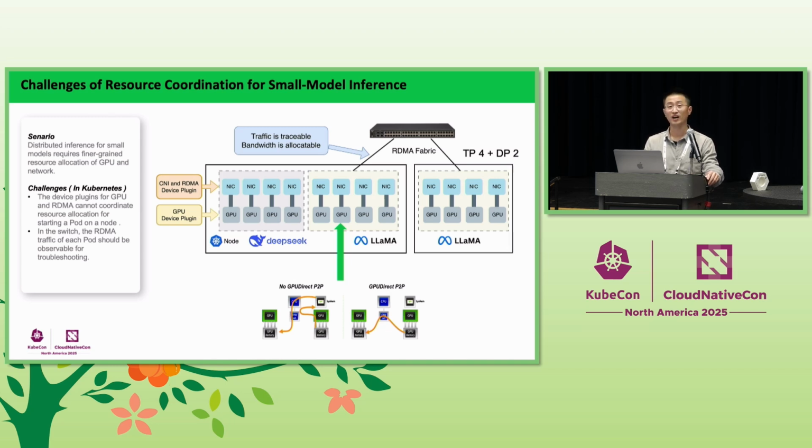Second, we need to assign each pod a set of dedicated RDMA devices, each with its own IP address, so that the RDMA traffic can be identified and observed.